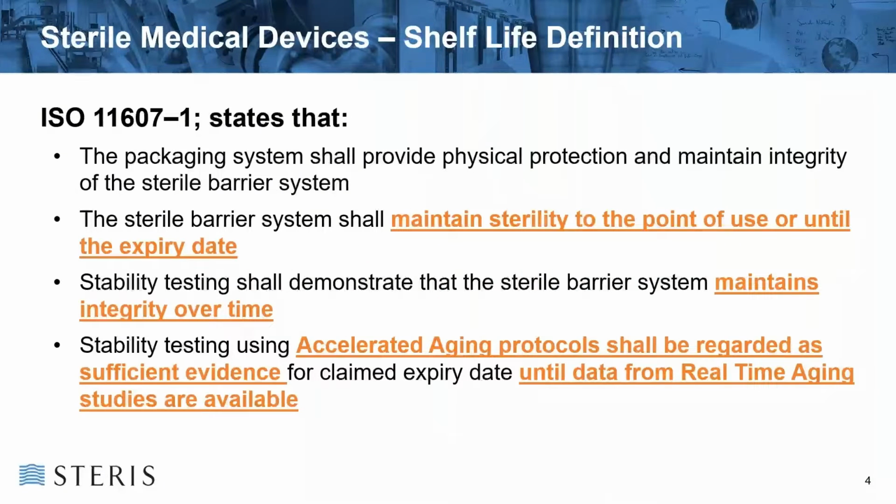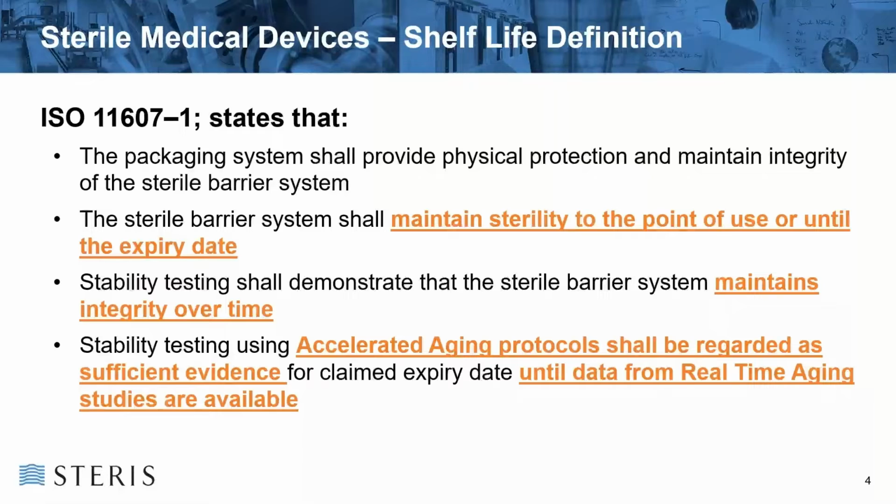So in relation to some of the standards, ISO 11607 Part 1 states that packaging systems shall provide physical protection and maintain the integrity of the sterile barrier system. What that means is that the sterile unit must remain intact until the point of use or until the expiry date shown on the packaging.